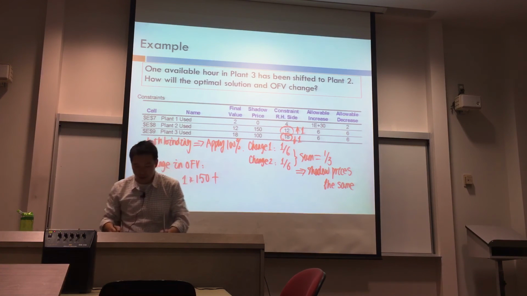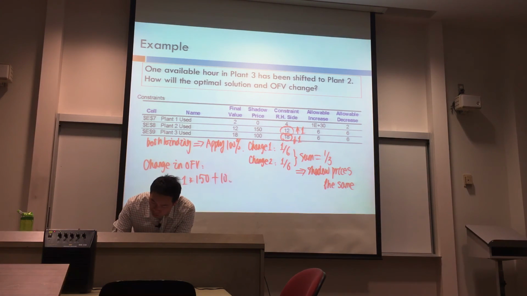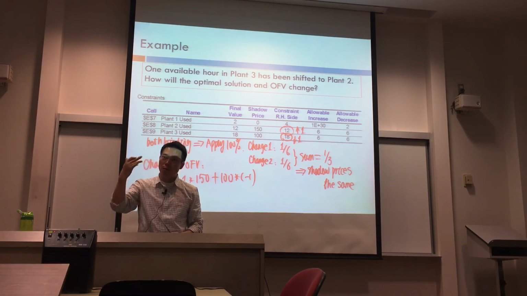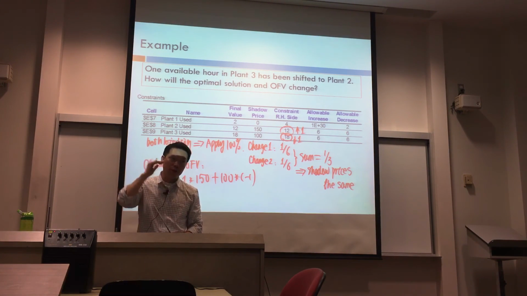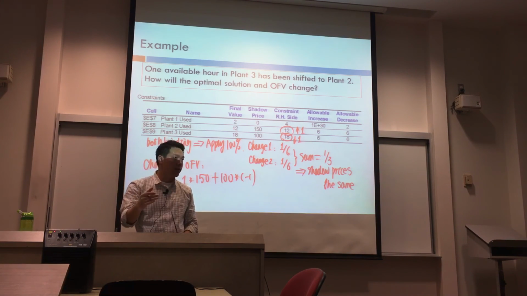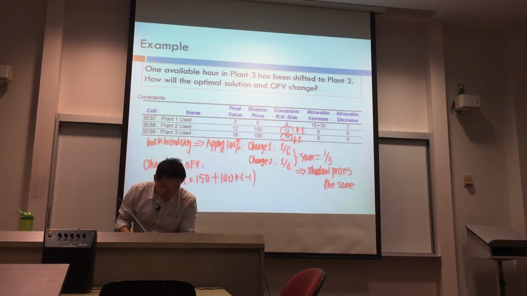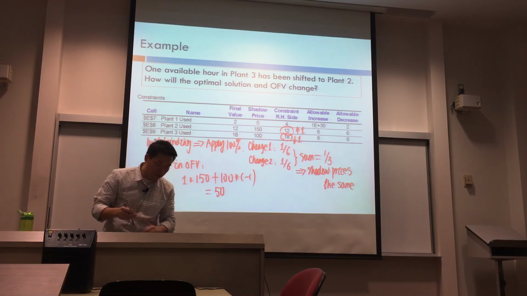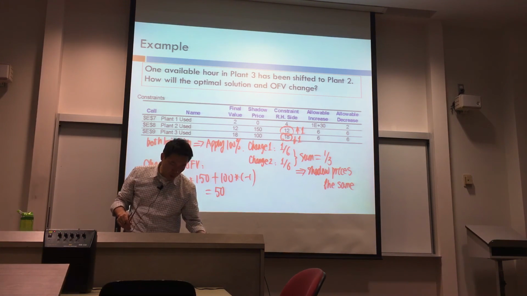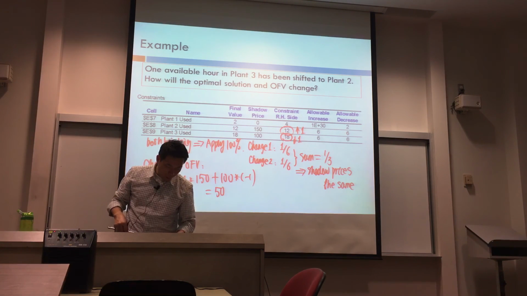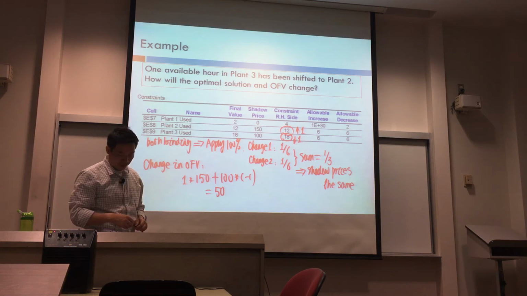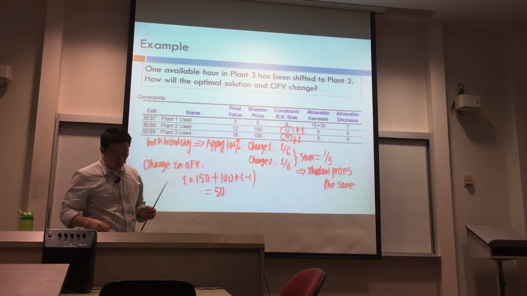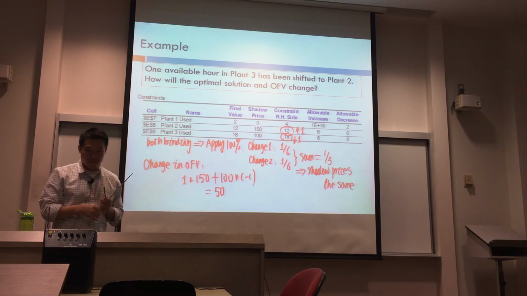Remember, shadow price is the change in OFV for every unit of increase in the right-hand side. So the change in OFV will be 50. Any questions?